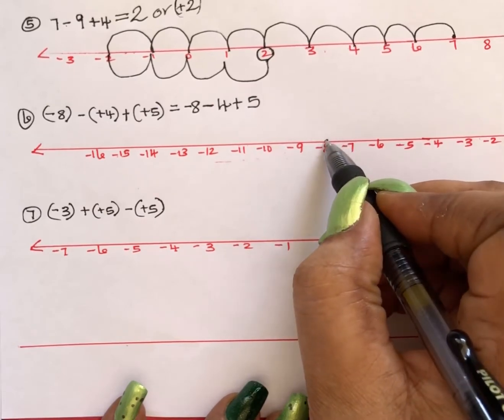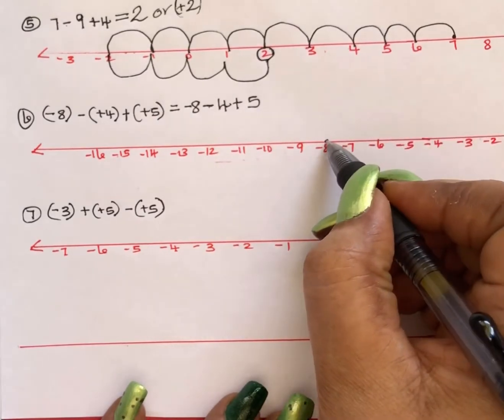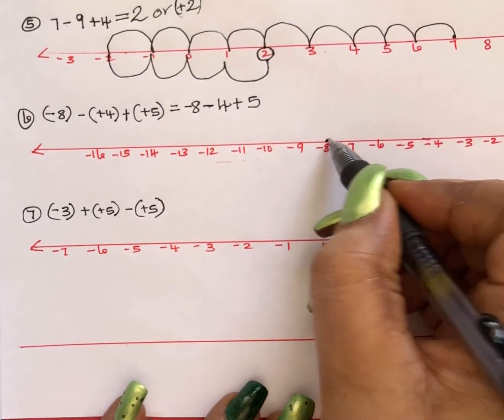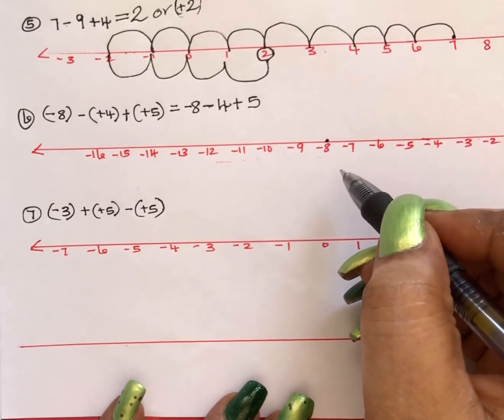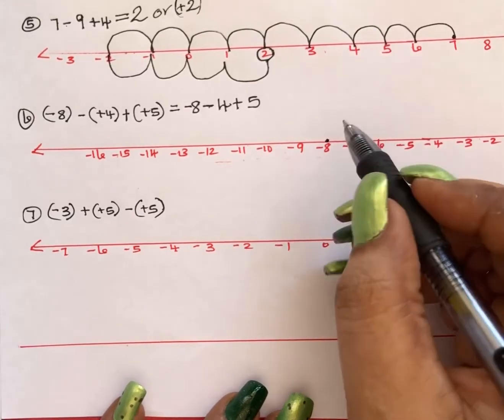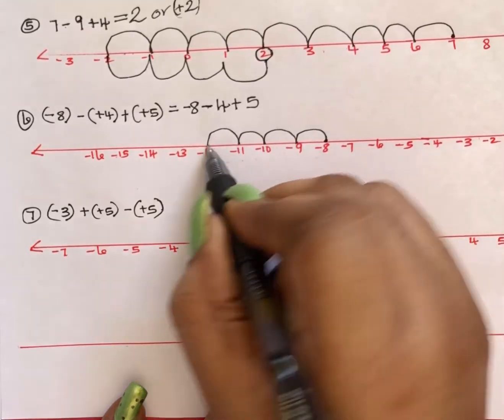Starting at negative 8, and then I'm going to subtract 4. So if I subtract 4 from negative 8, it means that I will make 4 moves to the left. 1, 2, 3, 4.